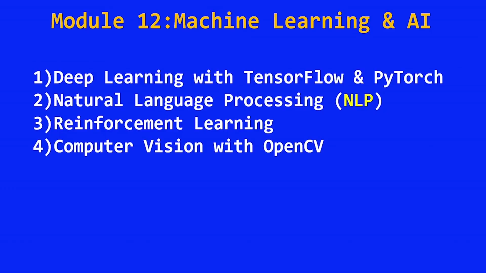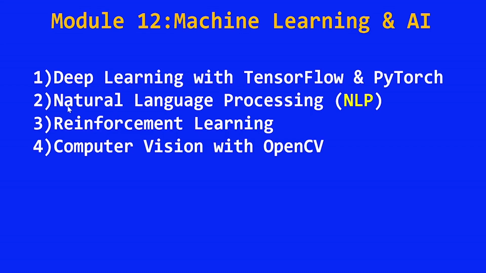Welcome to module number 12 of machine learning and artificial intelligence. We're going to look at four subsections. In subsection 1, we're going to look at deep learning with TensorFlow and PyTorch.